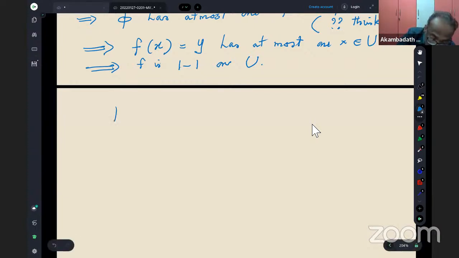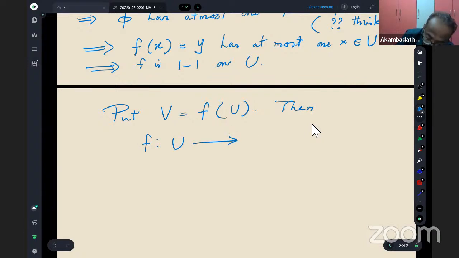Anyway, I cannot complete what I wanted. Put V equal to f of U. Then f is a mapping from U to V, which is 1-1 and onto. So you have a here and b here.